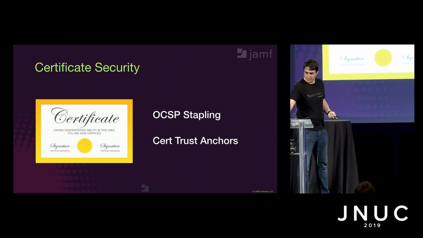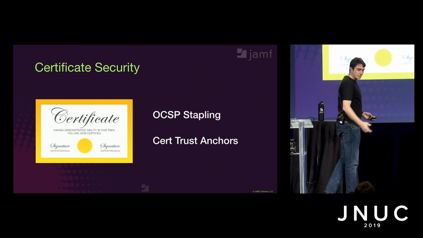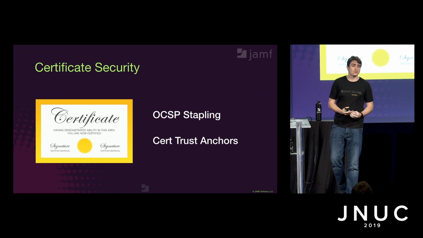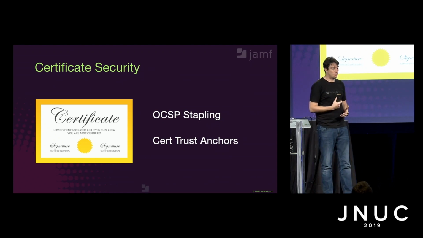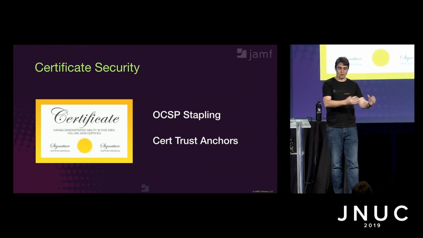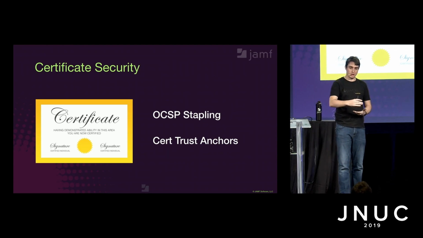The other thing we have, and I need to specifically talk about this one, is trust anchors, cert trust anchors. Another term for it is constrained trust anchors. This is where you'll have a root CA, an intermediate CA, and then the server certificate all on that chain.